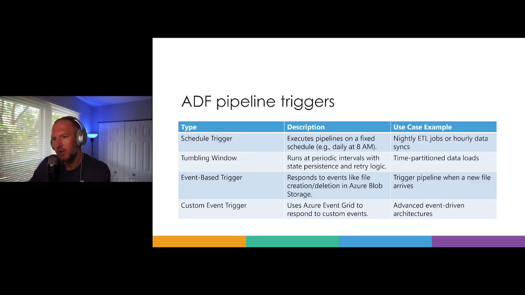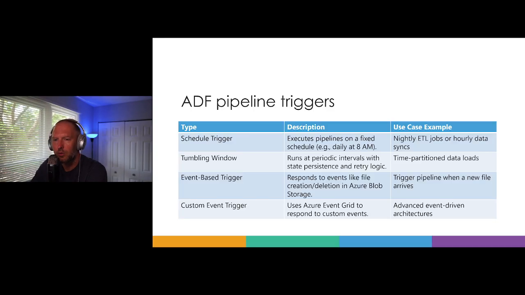Also, we have some periodic intervals that you can trigger pipelines depending on the data loads. Also, you can trigger pipelines based on event-based activities. For example, trigger a pipeline when some file arrives in some folder, for example, in some blob storage, etc.